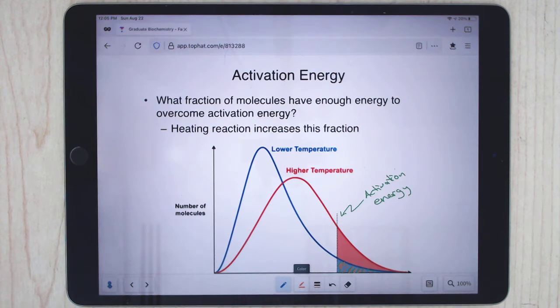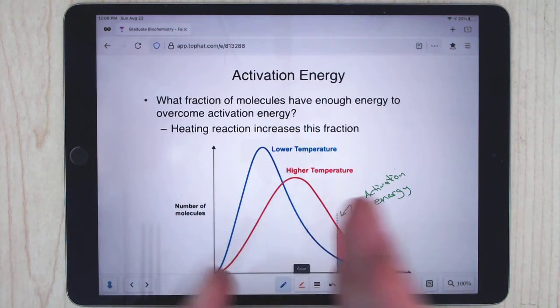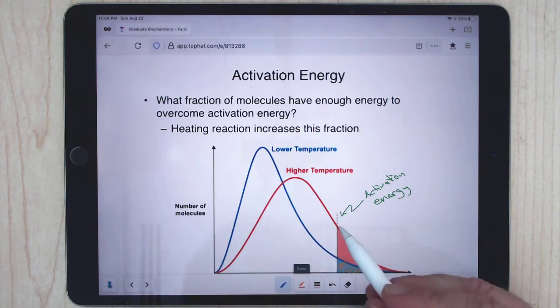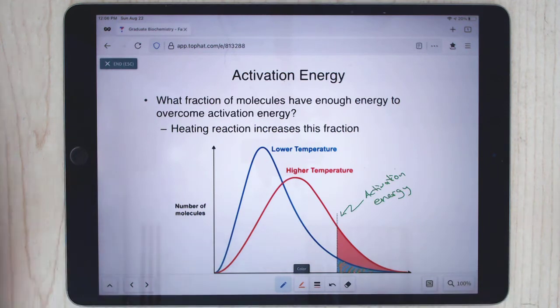But if you heat up the system, you're giving those molecules more energy, and so now it's going to widen this distribution, and you're going to have a much larger proportion of your molecules with enough energy to get over that. And so that's why heating a reaction typically makes it go faster.